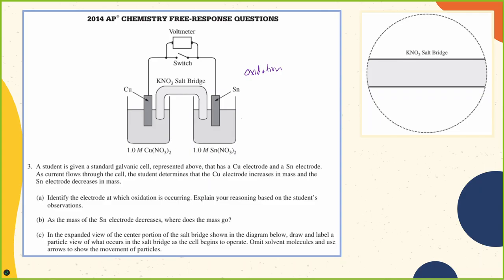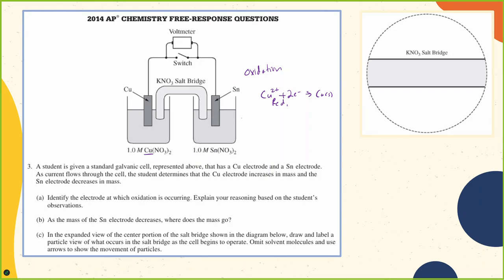All right, so if copper is gaining mass, so this is copper 2 plus here, it's the one turning into the solid and gaining mass, so this one's reduction.